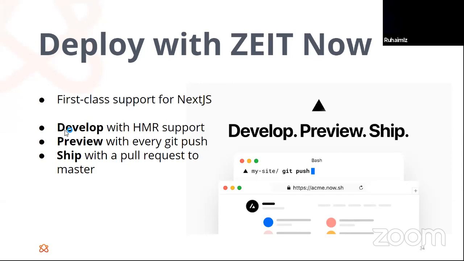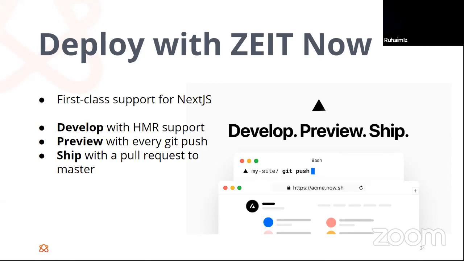Their concept is: develop, preview, and ship. So you develop with hot module support. As soon as you make a change and save in your development environment, you will have it immediately shown on your browser. That is the hot module replacement support.